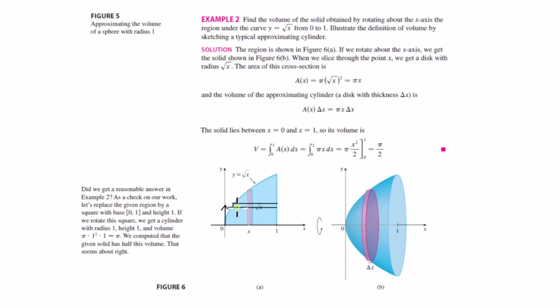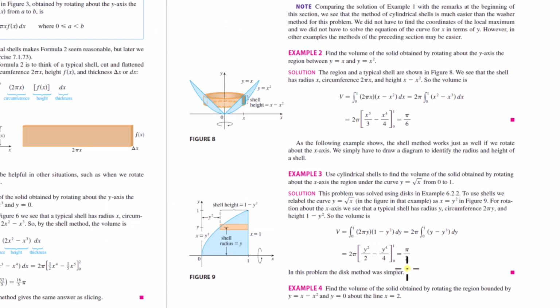That's what we just did, but with discs in this case, you put x as the independent variable and you're finding the area of the cross section at each x point. So that would be pi times the radius, the square root of x, squared, and then there's the cross-sectional area. You multiply that times delta x, and you've got the disc, and you integrate that from 0 to 1. They show that's a little bit easier. But here you get pi over 2, and here you get pi over 2.